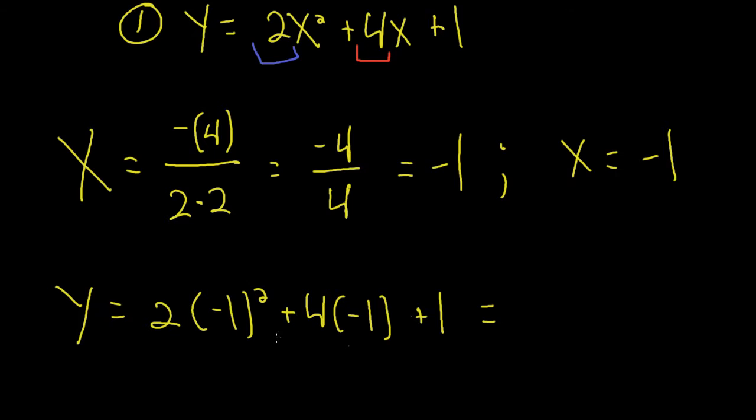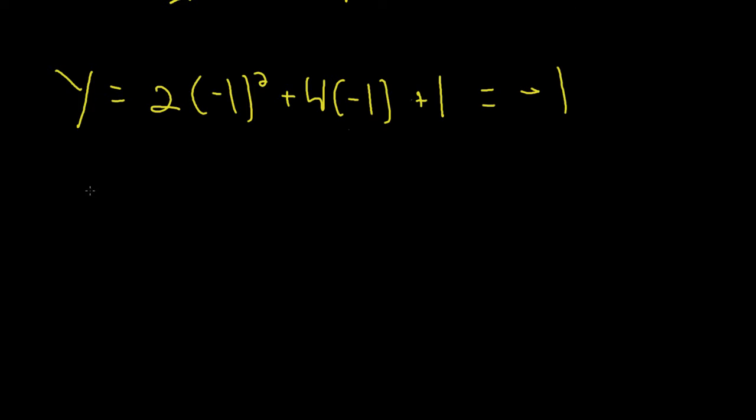This will eventually equal out, well, just by looking at it, 1 squared is 1, times 2 is 2, 4 times negative 1 is negative 4, negative 4 plus 2 is negative 2, plus 1 is negative 1. So then my vertex, we discovered, is equal to the point negative 1 comma negative 1.